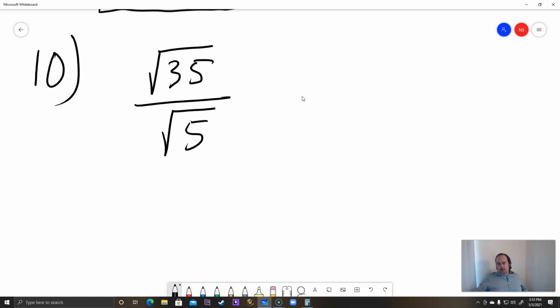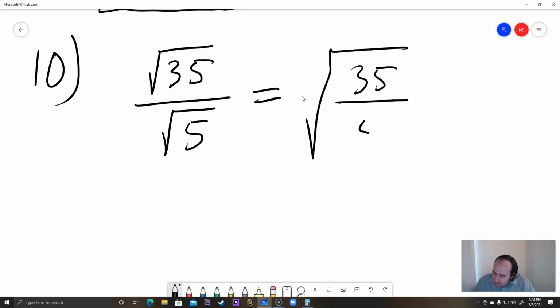You might not be sure what to do here, but this is actually not so bad. All you have to do is factor the radical out of the entire fraction. So this is the same as the square root of 35 over 5.